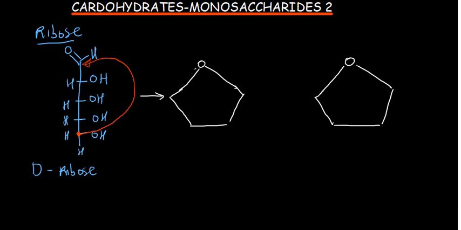So this carbon which is here is going to be carbon number one. So which one is carbon number one? Carbon number one is here. Let me even label them: one, two, three, four, five. So this is carbon number one, the anomeric carbon, or the carbon containing the functional group. So if you see when this bends, and how do you count the carbons here? This will be carbon 1, this will be carbon 2, this carbon 3, carbon 4. What will be carbon 5? You are going to see that. So carbon 2 is here.